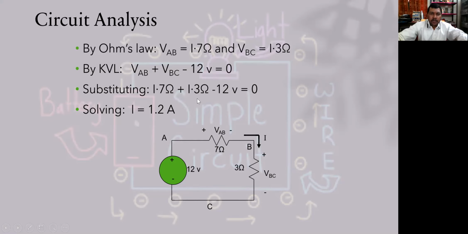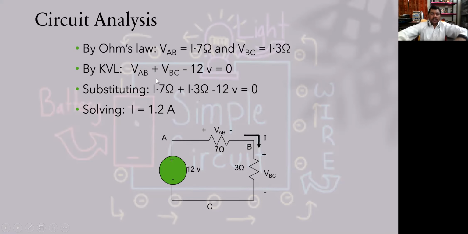So this is simple. But when we try in terms of KVL, we have VAB plus VBC minus 12 volts. We take the voltage drops as positive and the voltage source as negative; we can interchange it also, and the sum should be equal to zero.